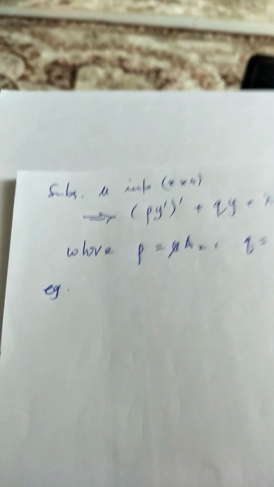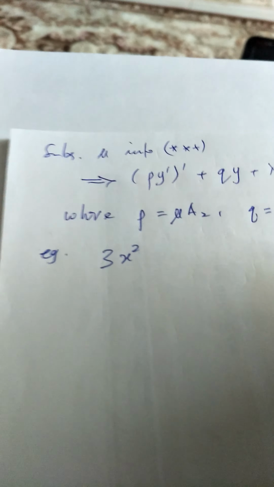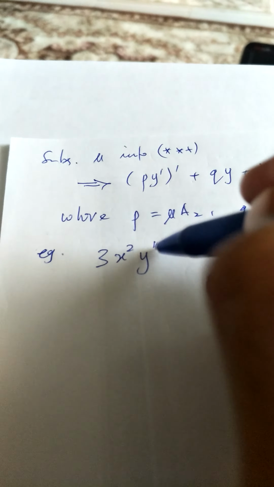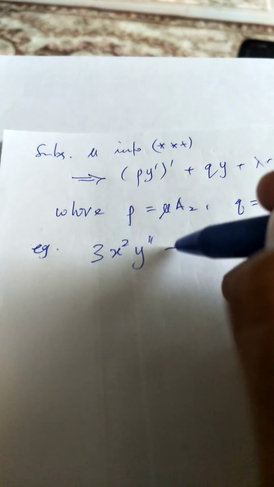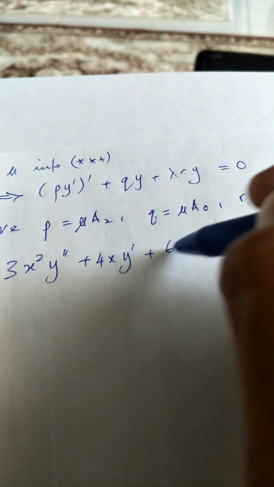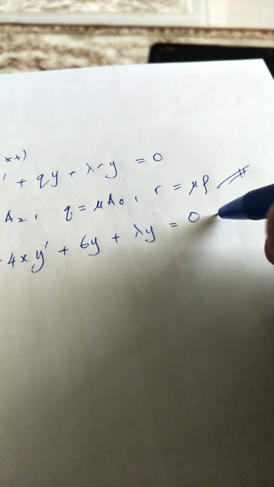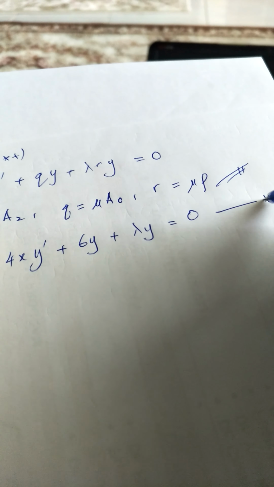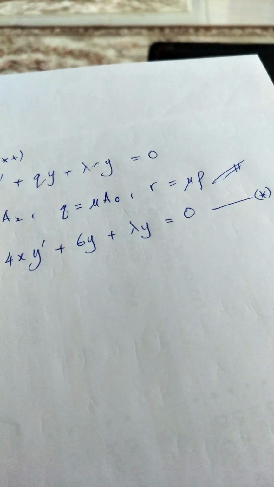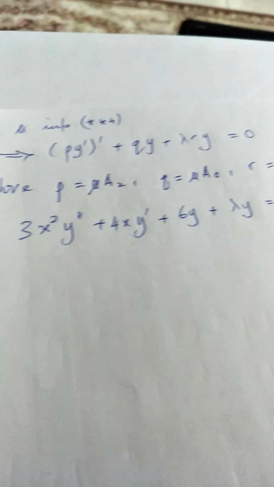Example: let's say we have a second order differential equation, 3x squared y double prime plus 4x y prime plus 6y plus lambda y equal to 0. I call this just another star. This star is not the general one, this is for this particular case.